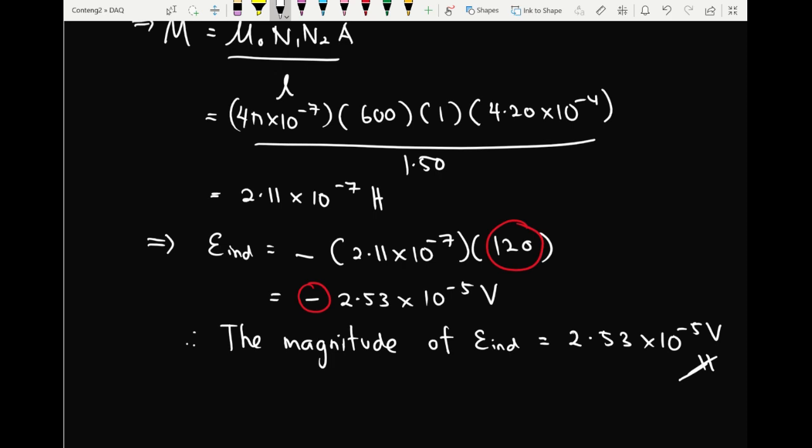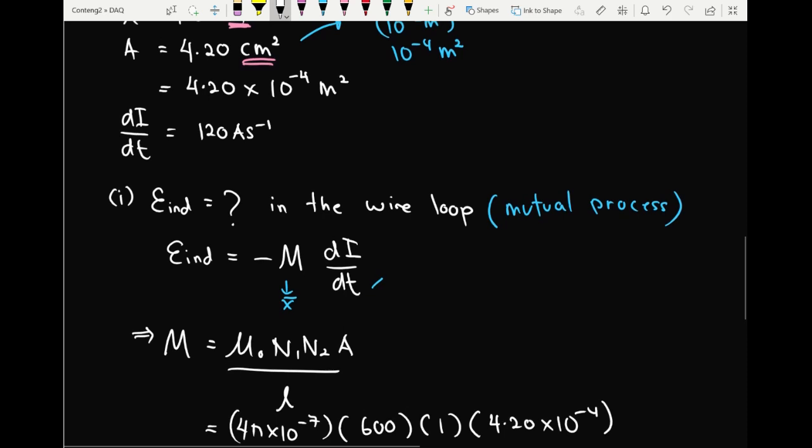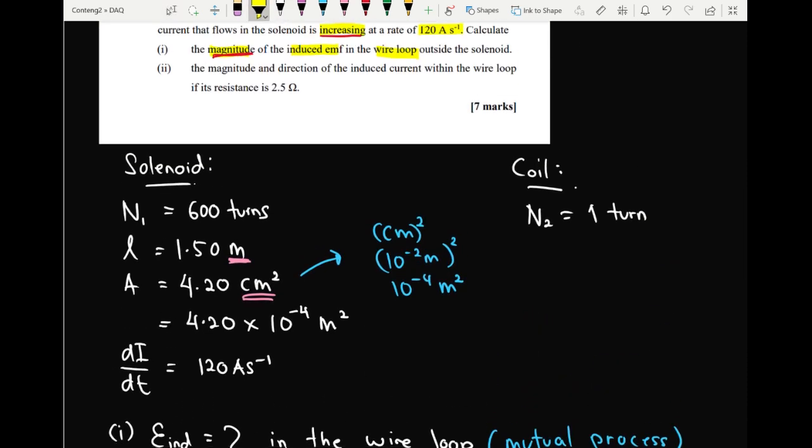Now look at the second Roman. We want to determine the magnitude and direction of induced current within the wire loop if its resistance is 2.5 ohm. So now you have the resistance of the loop, 2.5 ohms.